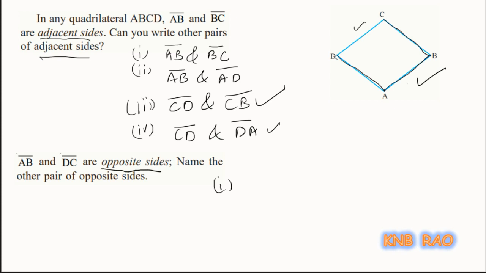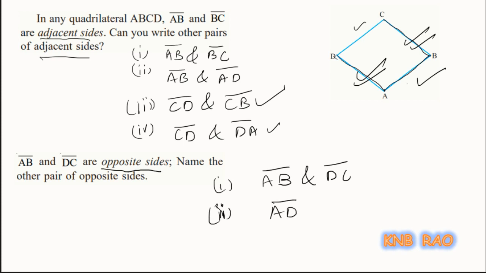One pair is AB and DC. Do we have another pair? Yes, here is the second pair. So I have 2 pairs of opposite sides, that is AD and BC, AB and DC.